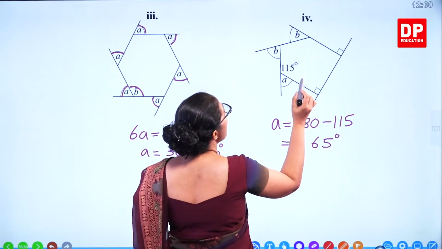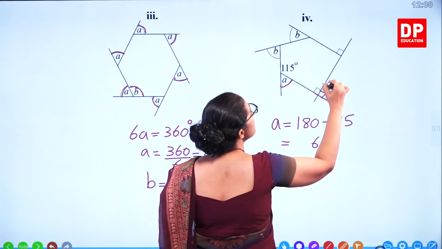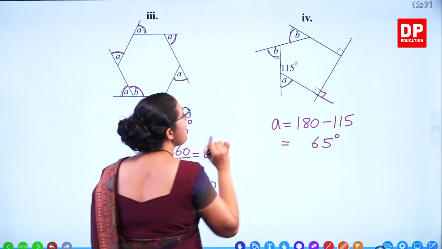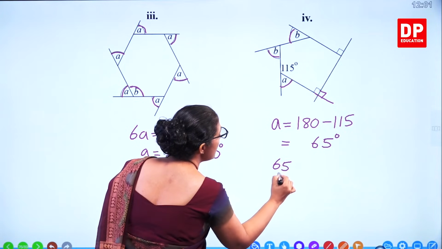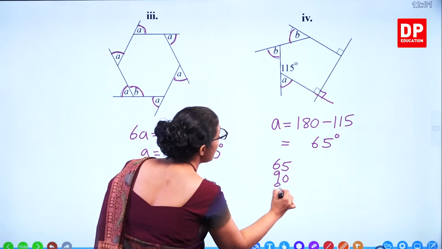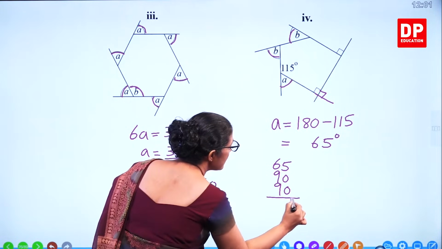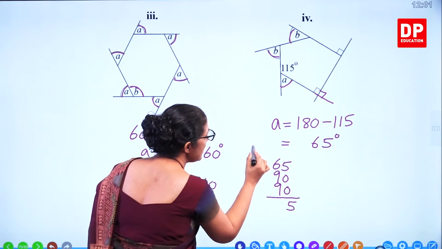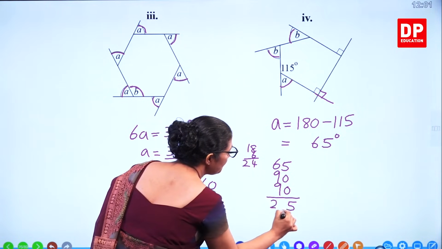What are the exterior angles here? This and this is 90, 90, B and B. So we'll add all the other angles. 65, 90, 90. So 3 angles are there. So here 9, 9, 18. 18 plus 6, 24.